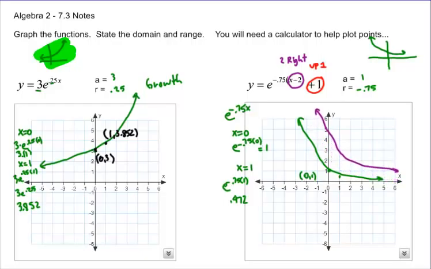And so there's my new graph. And notice this point right here is going to go 2 units to the right and 1 unit up. And so the whole graph moves the same way. You can punch it into your calculator and find a whole list of points in the table, or you can understand that anytime you add something to the x and add something at the end, it moves you left and right and up and down.